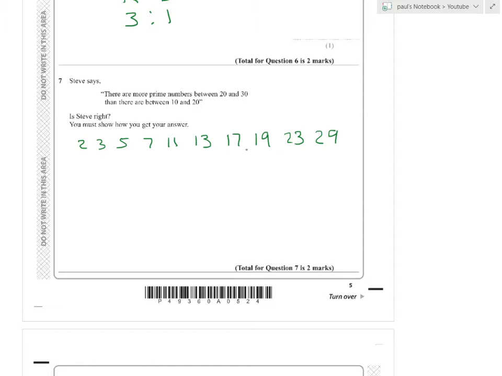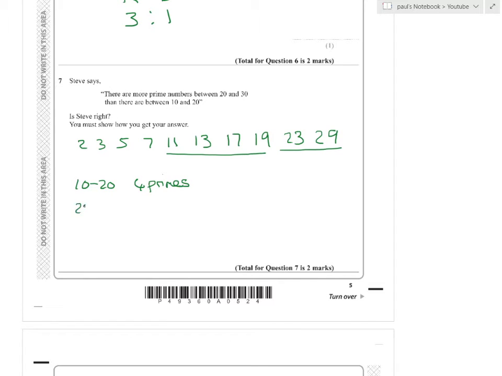So between 20 and 30 there are two, and between 10 and 20 there are four. So between 10 and 20 there are 4 primes.